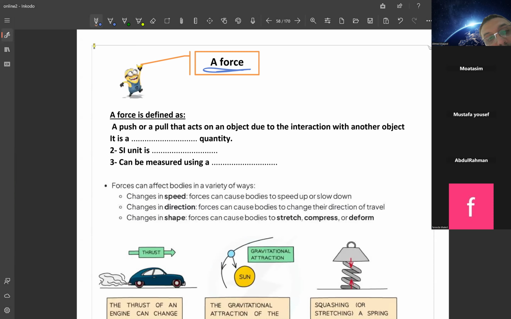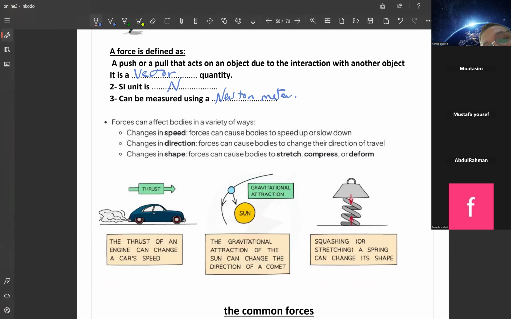Vector. Right. What is the SI unit of force? Newton. It can be measured using what? Newton meter. Right, it's easy. Now, can force change speed? Can it change direction? Also, can it change shape, like stretching or compressing or deforming objects? Okay, it can make the object speed up, slow down. It can change the direction.